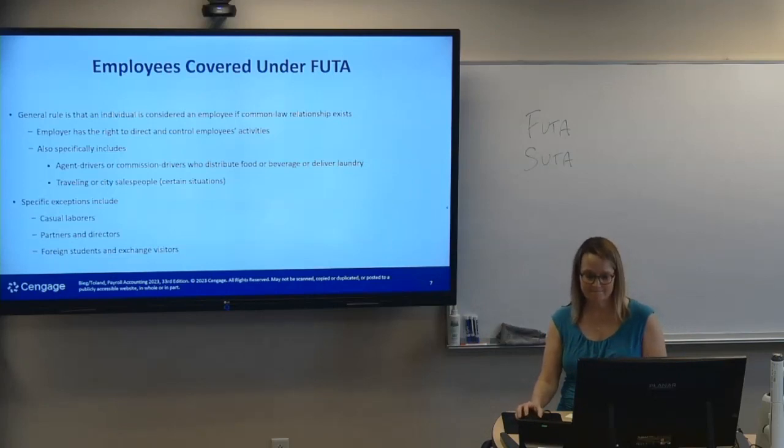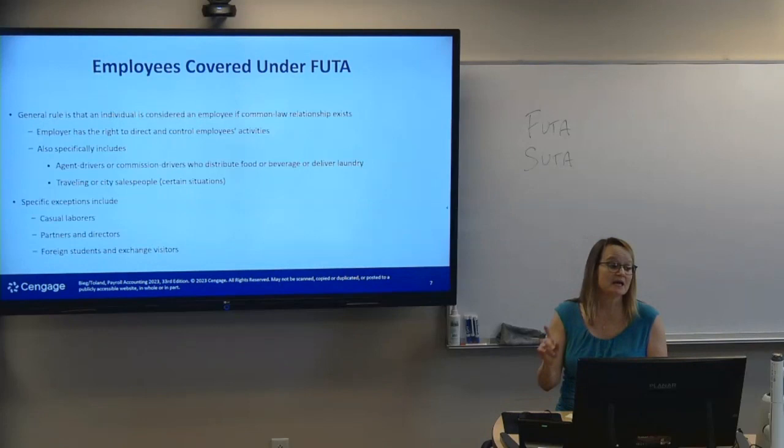So for a nanny, do they receive a 1099 or W-2 form? They would get a W-2 because if they make a certain amount of money, they're supposed to be withholding as well.